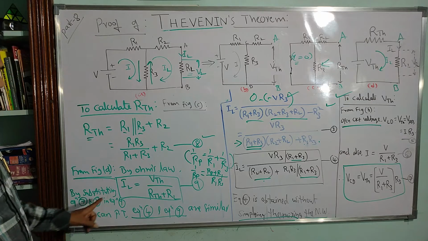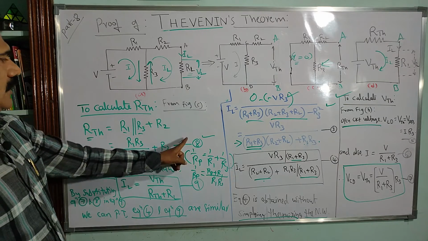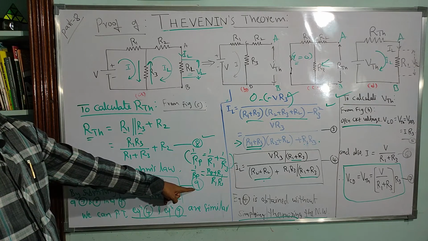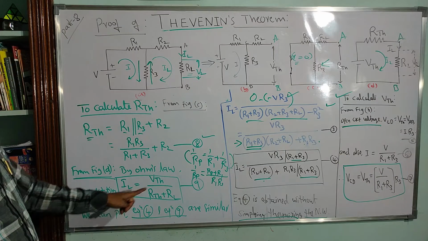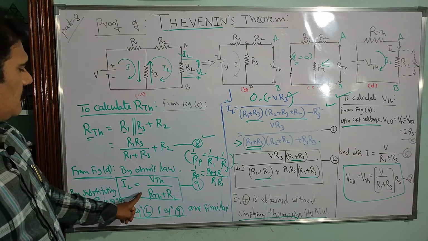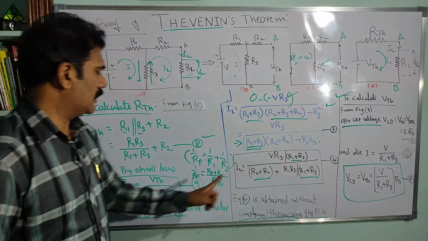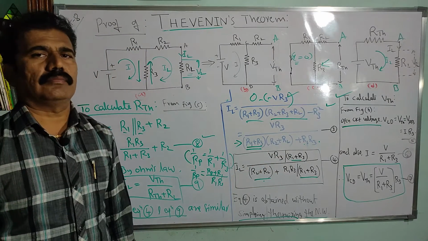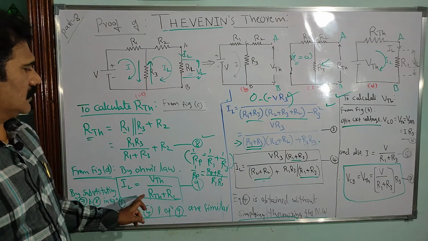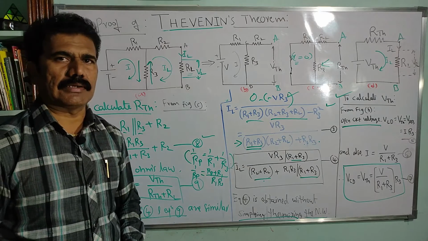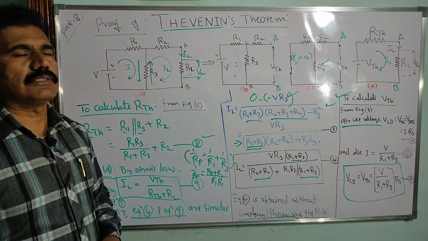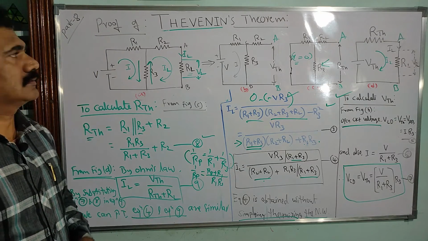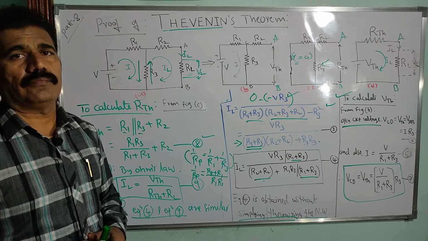By substituting equations 7 and 8 in equation 9, we can prove that equations 4 and 9 are similar. Then it just verifies the theorem. So that is the proof.